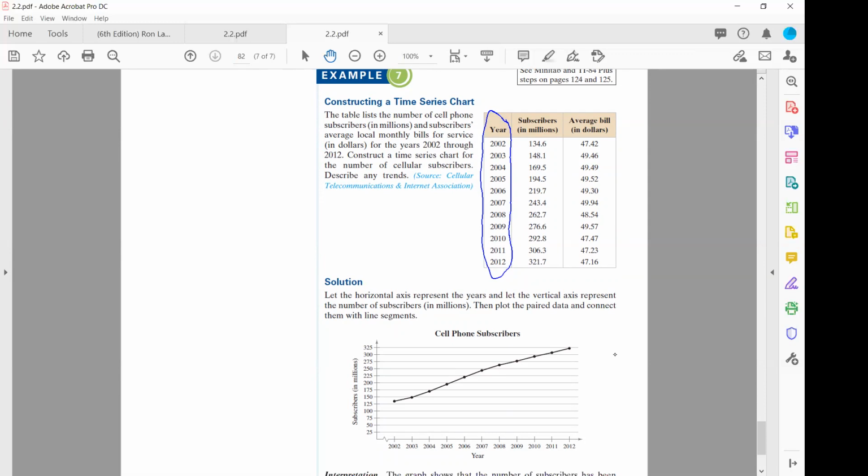Then you can see the trend related to the number of subscribers and average bill. This is the last chart that I wanted you to see. These are famous and popular charts in statistics.